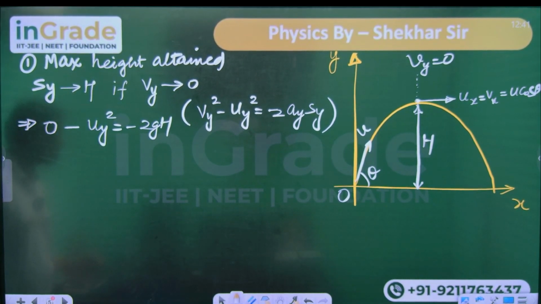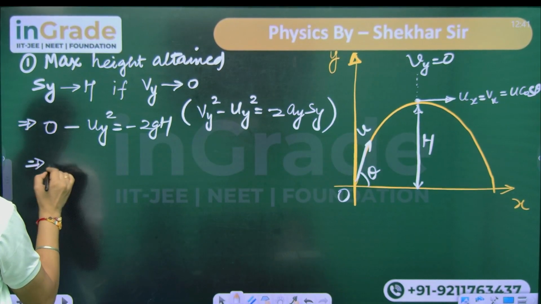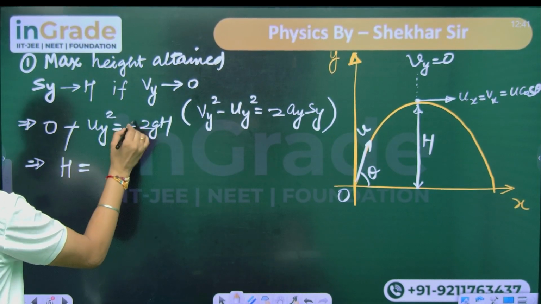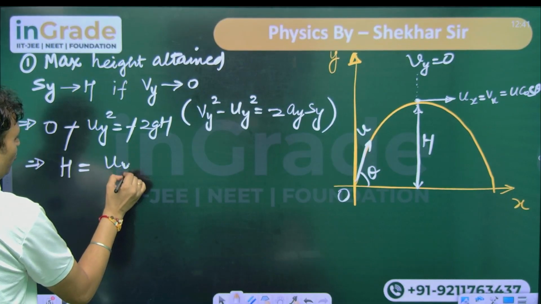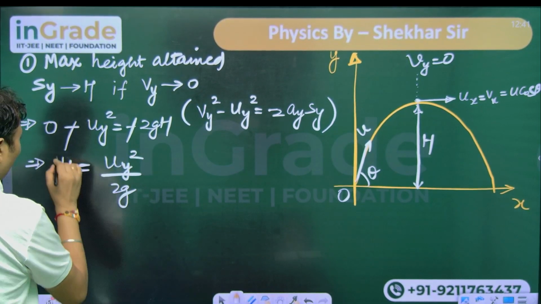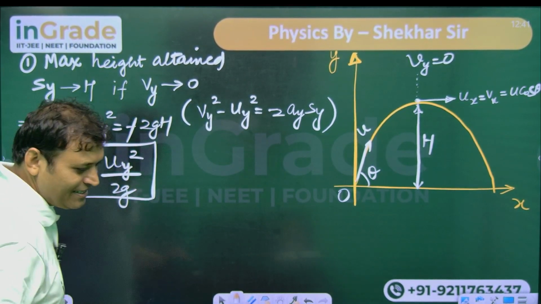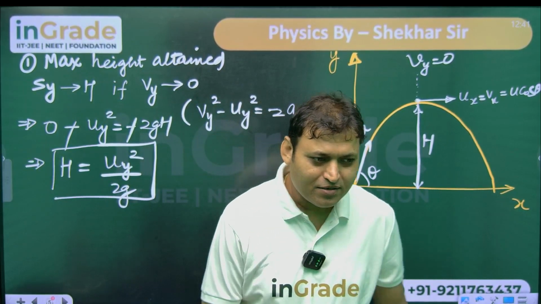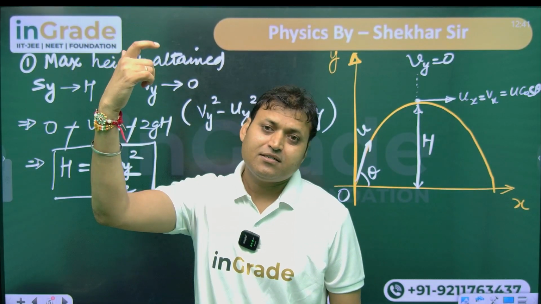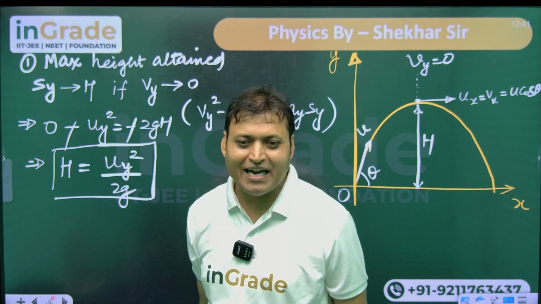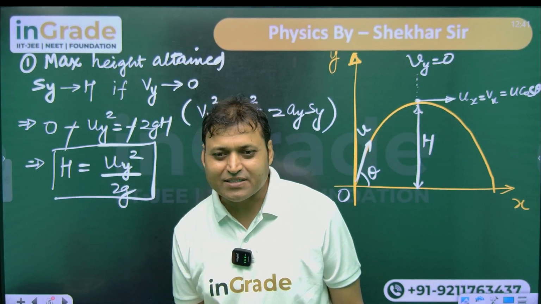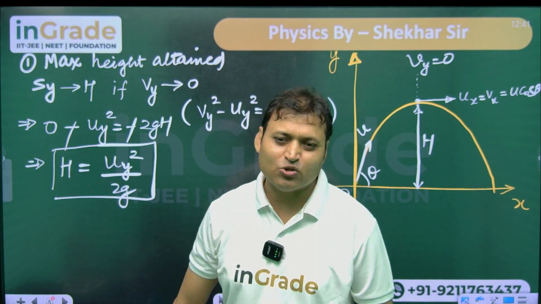Sy becomes h. So from here, the negative will get cancelled out, and h is equal to Uy square by 2g. If you analyze this expression, it is very much similar to the height attained by a particle when it is thrown in upward direction with the velocity uy.